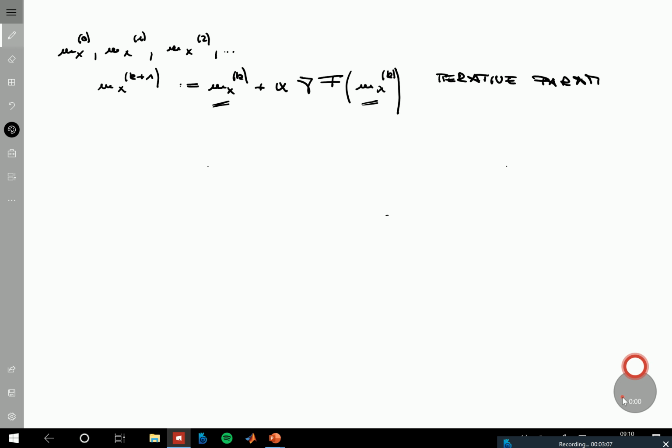So that you start with some initial value, which might be your prior expectation parameter, and then you use the gradient of the variational free energy to adjust this parameter.